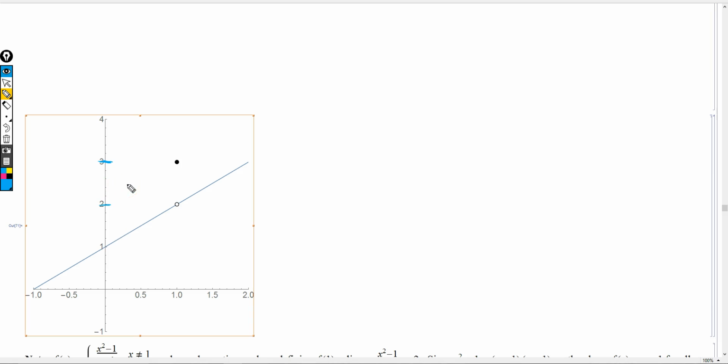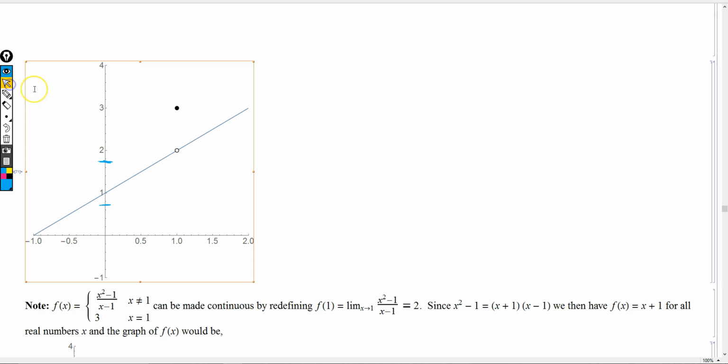Alright, now notice this one thing down here. Notice that we could make this function continuous. All I would have to do is to take that little point right there and move it down here and fill in that hole in the graph. So we see that f of x can be made continuous by just redefining f of 1 to be the number 2.